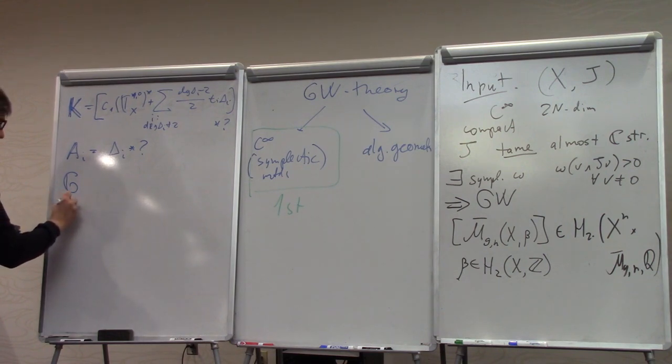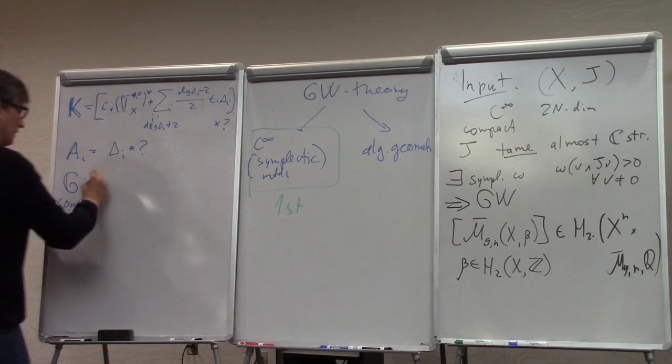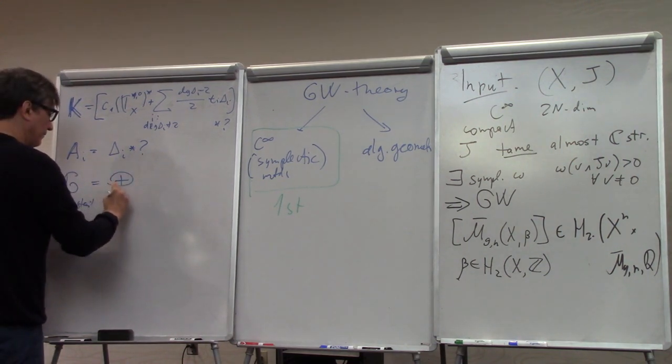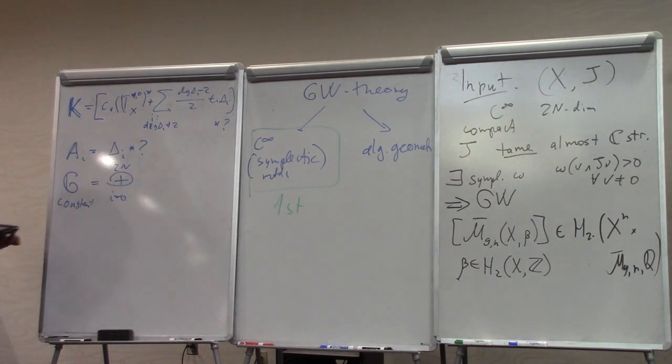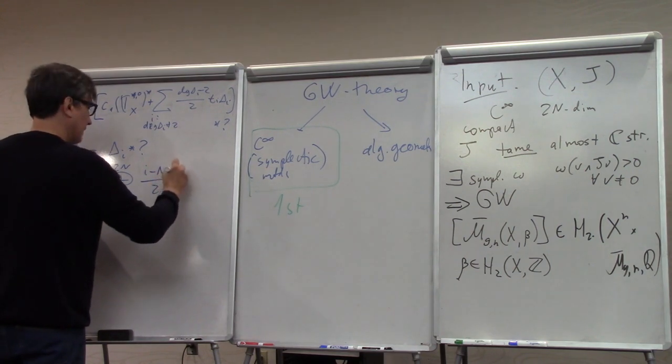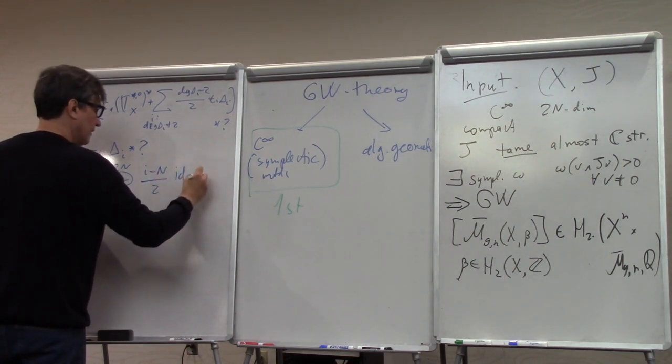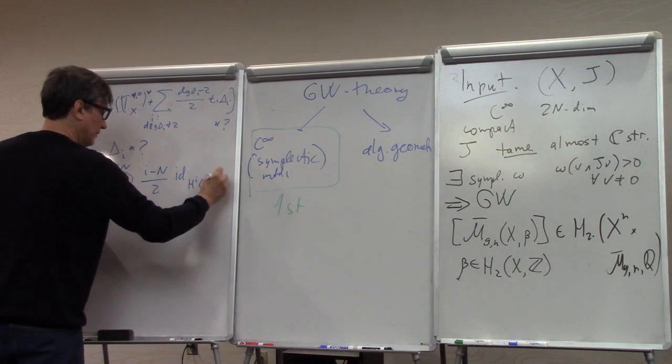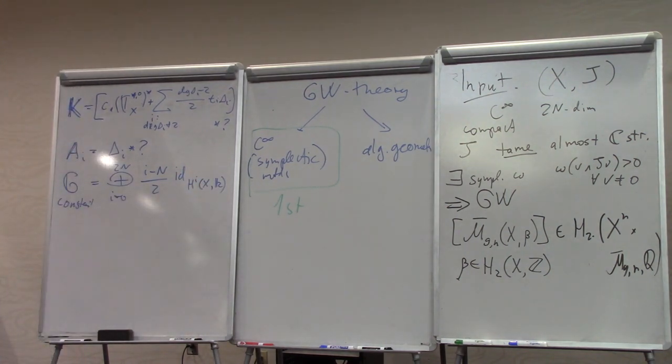And G is constant. It doesn't depend on the deformation. G is a kind of direct sum of scalar operators acting on each degree in cohomology, (degree minus n over 2) times the identity operator on H^i(X). So you get a kind of diagonal matrix, which essentially gives dimensions.